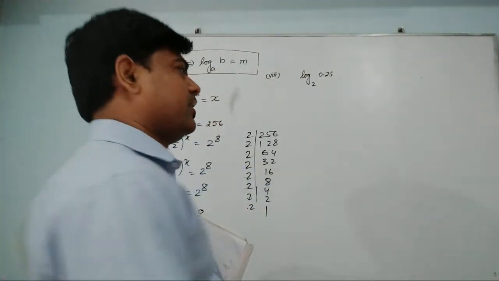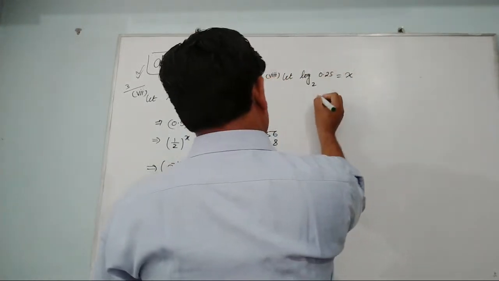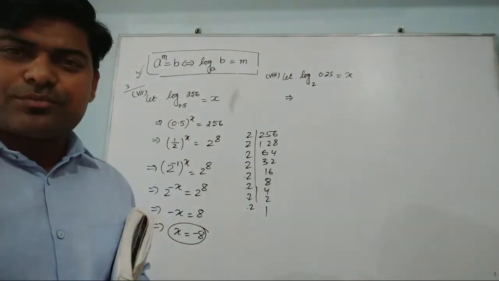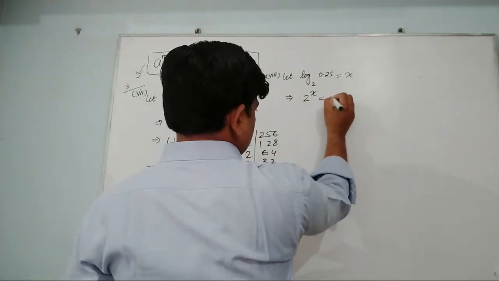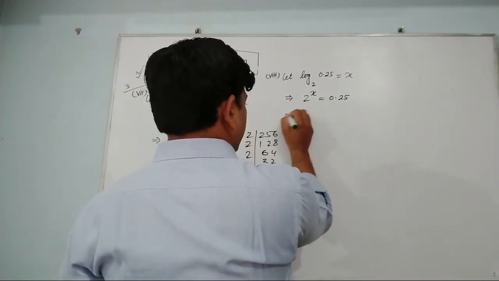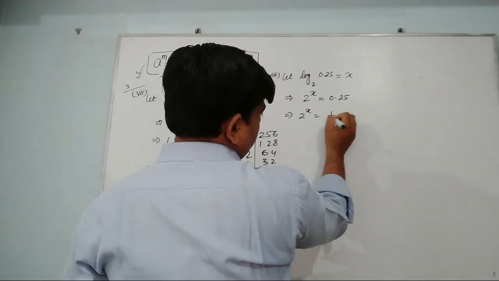Again same thing as I told you. I can write let this equal x, and if it is x, we can convert the given expression into exponential form. It can be written as 2 to the power x is equal to 0.25. It can be written as 2 to the power x is equal to 1 upon 4.